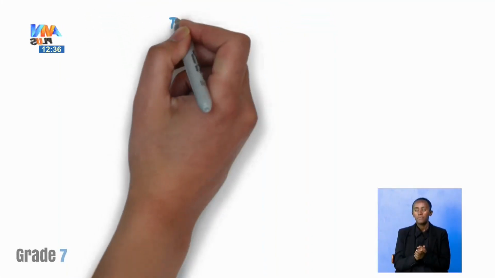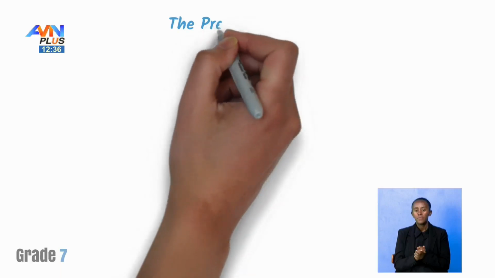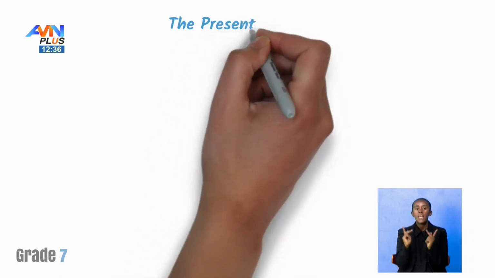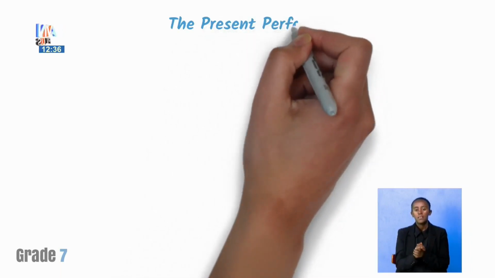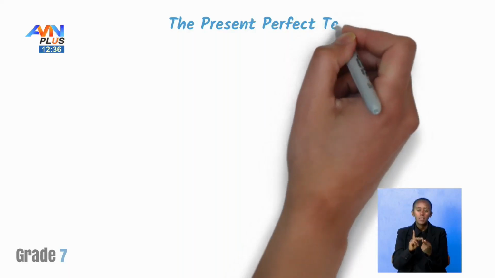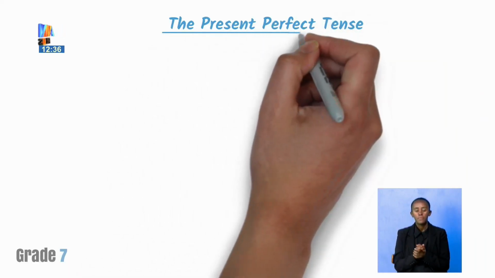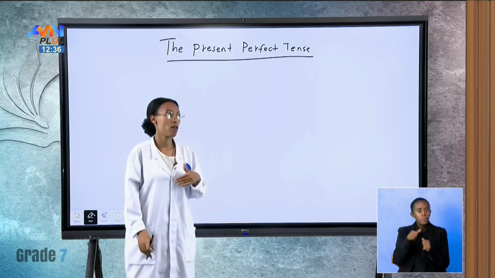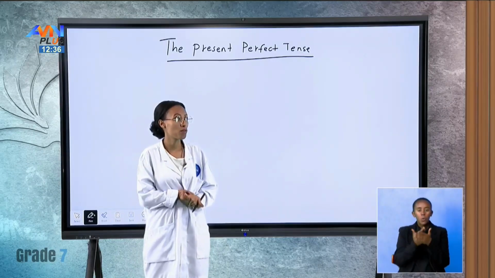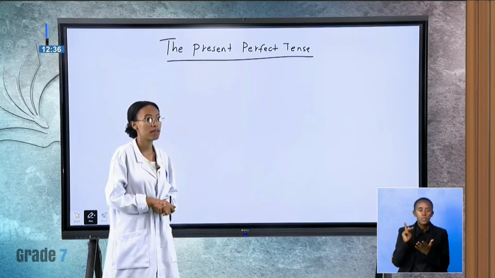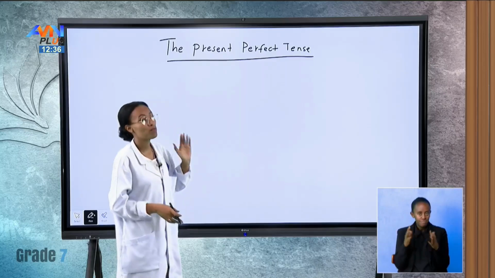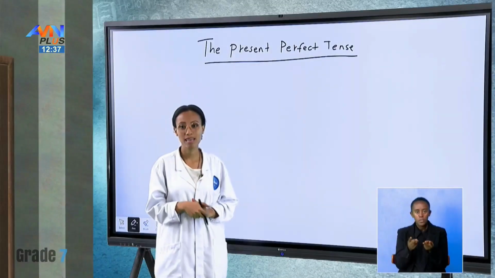The present perfect tense. If you remember the other day also, we talked about the past perfect tense. And today we're going to talk about the present perfect tense. What is the present perfect tense?